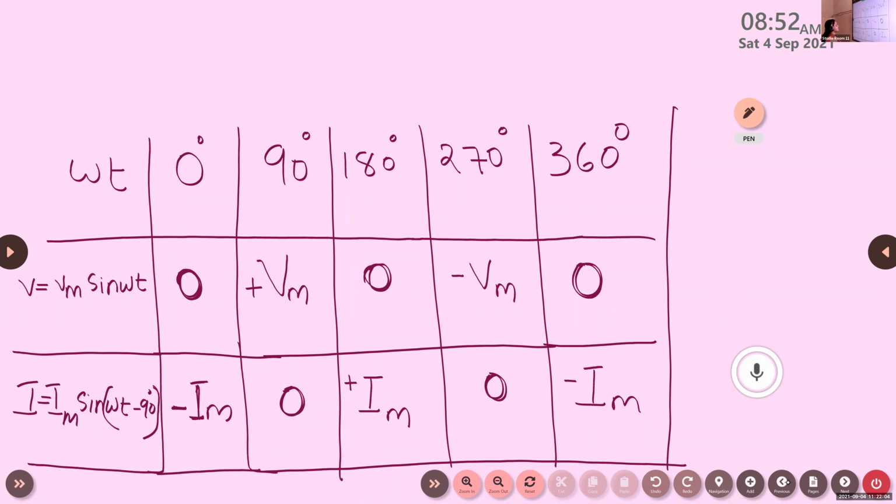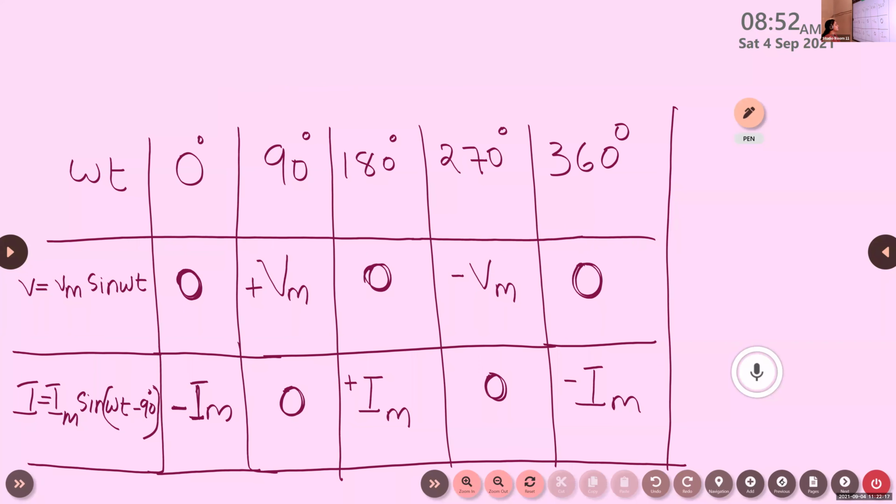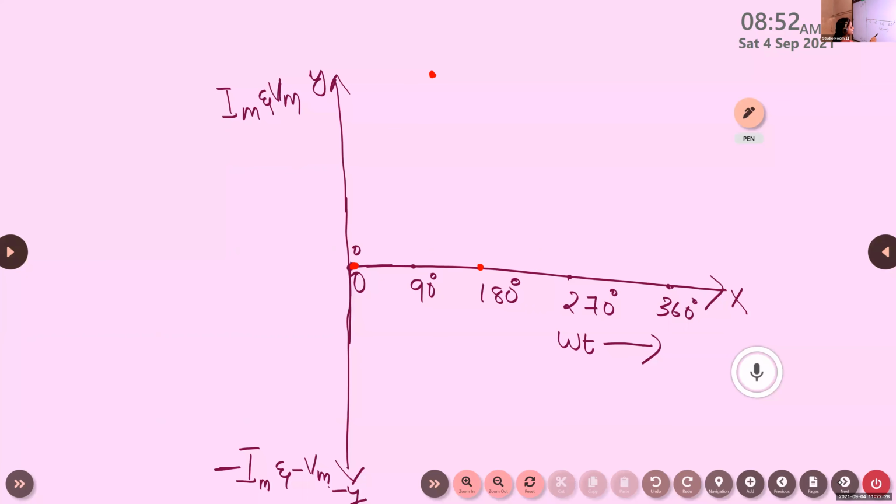For 180 degree, what is the value of the alternating source of voltage? 0. Again, for 270 degree, what about the value of V? Negative Vm. And for 360, it is 0. So now we can join all these points.